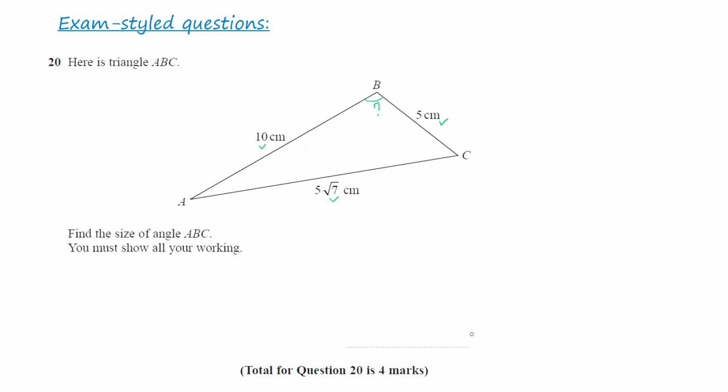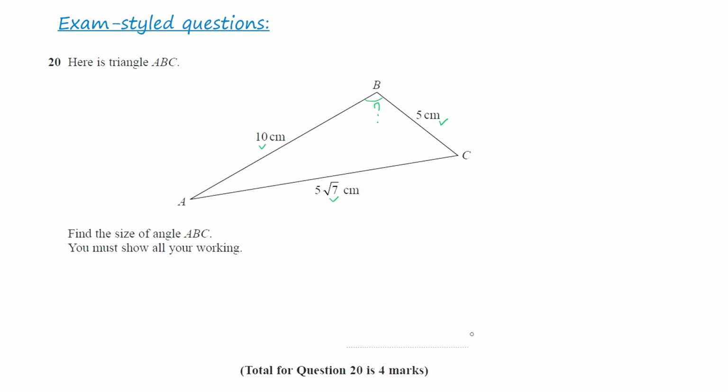Look, we know 3 sides and we need to find an angle. That means we can form a relationship between one angle and 3 sides. When I say this, does anything pop up in your mind now? A relationship between 3 sides and one angle.